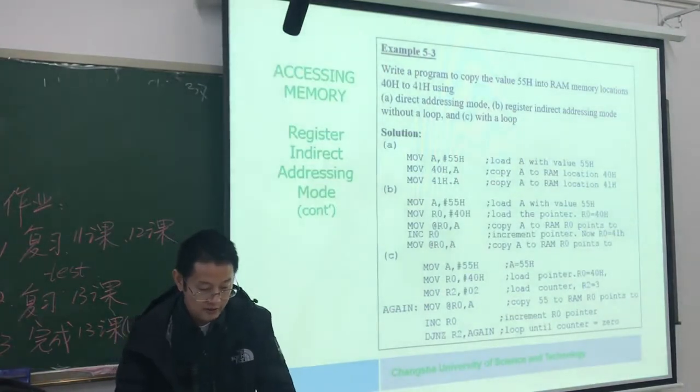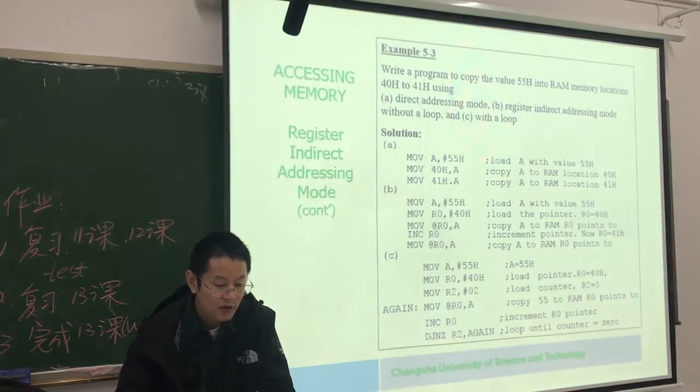Here is an example. Write a program to copy the value 55H into RAM memory locations 40H to 41H using the direct address model, the register indirect address model without a loop, and with a loop.